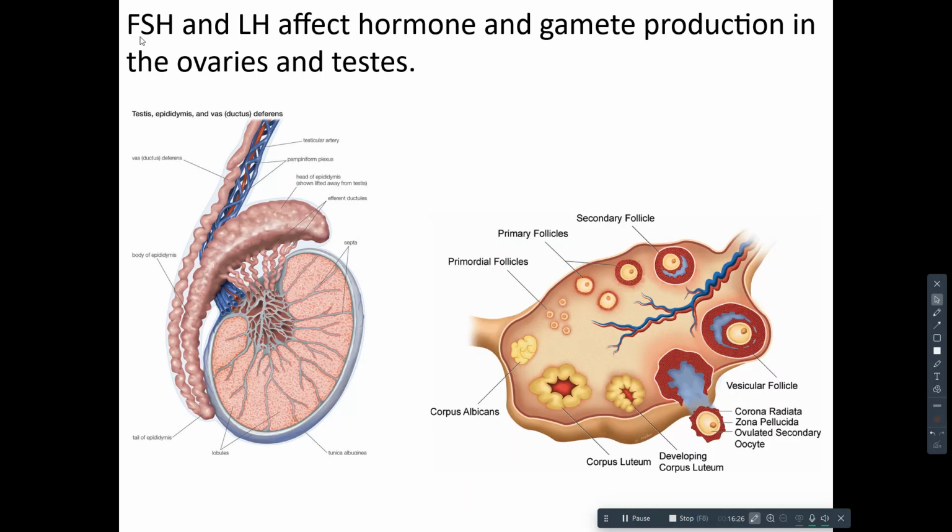Follicle stimulating hormone and luteinizing hormone are both reproductive hormones, so they affect the production of other hormones by the ovaries and the testes. They also help promote the formation of gametes, which are sex cells like spermatozoa and oocytes in the testes and ovaries, respectively.